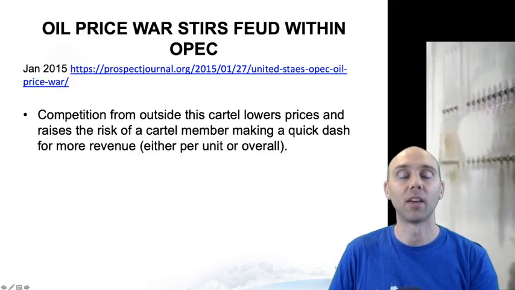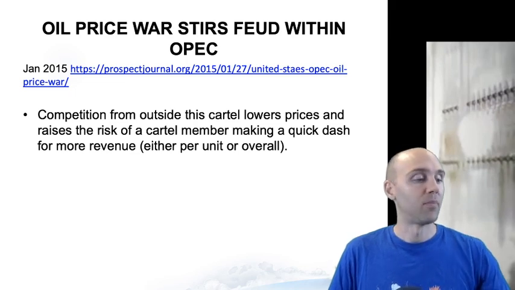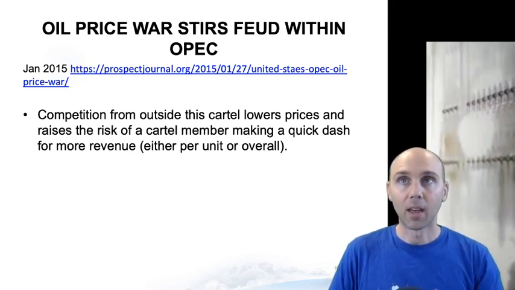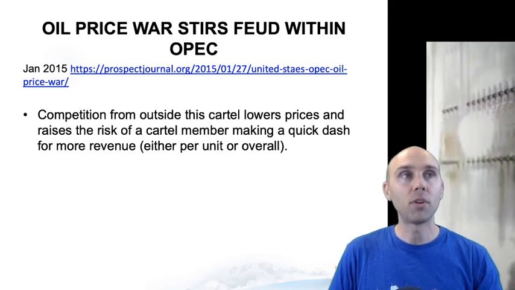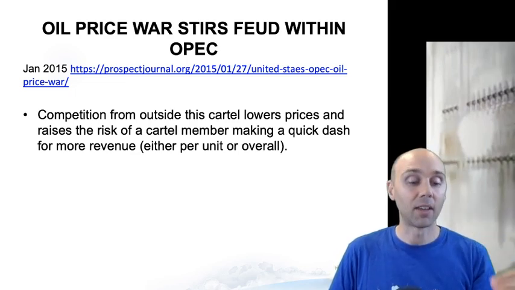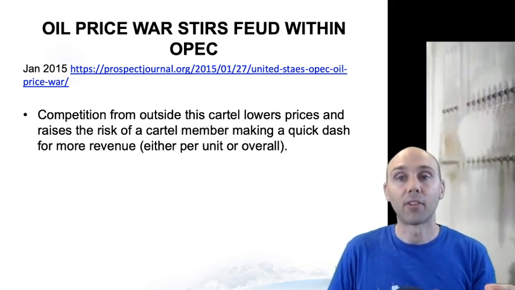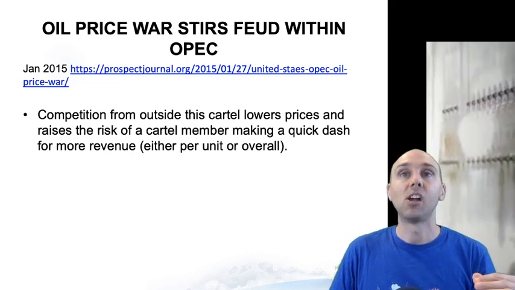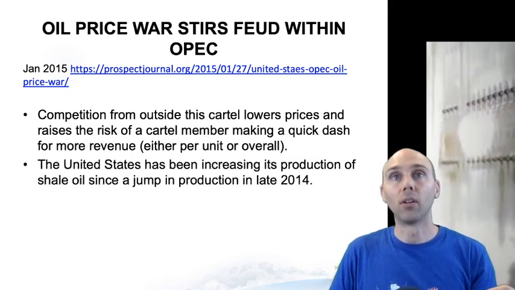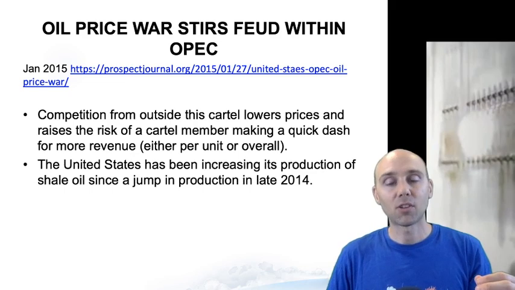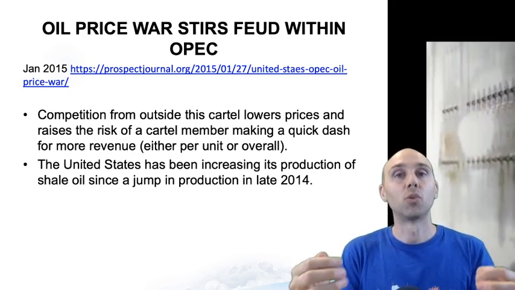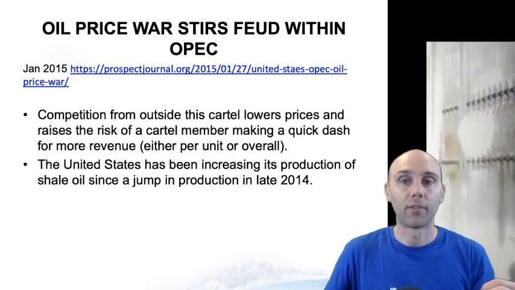So if we go to the final point that I put on that graph back in 2015, then we saw more competition actually being applied to the market from outside. In particular, the production of shale oil in the US. And that extra competition from outside reduced the market power from inside.